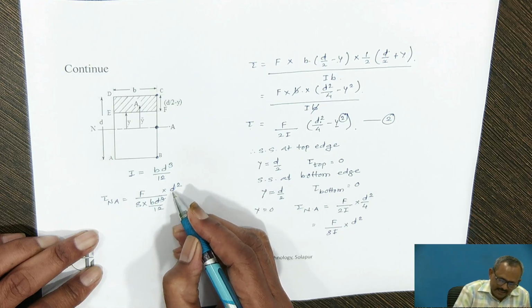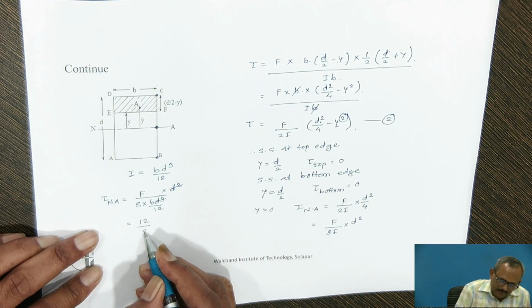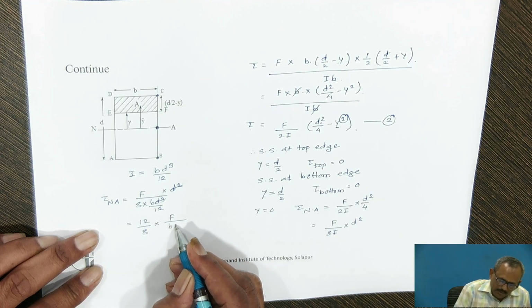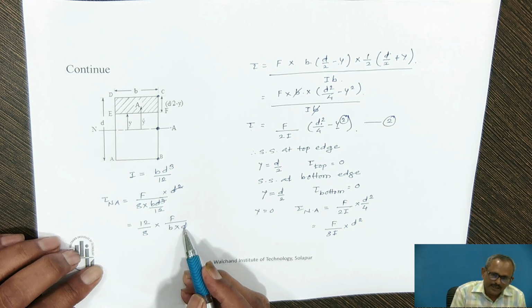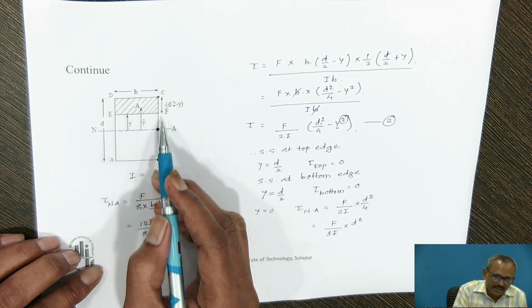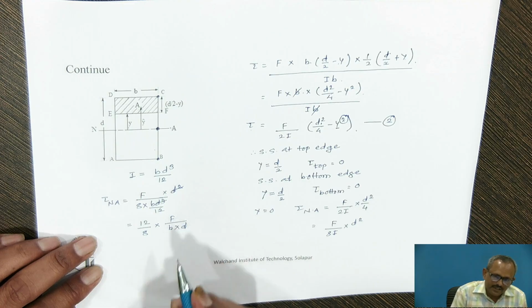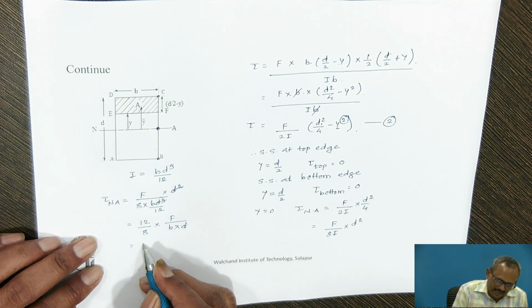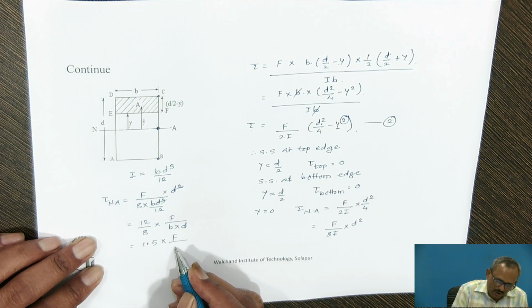So d will get cancelled. You will get 12 upon 8 into F upon b into d, where b into d is nothing but the area of this rectangular section and F is the shear force. So by solving this equation, I will get 1.5 into F upon b into d.